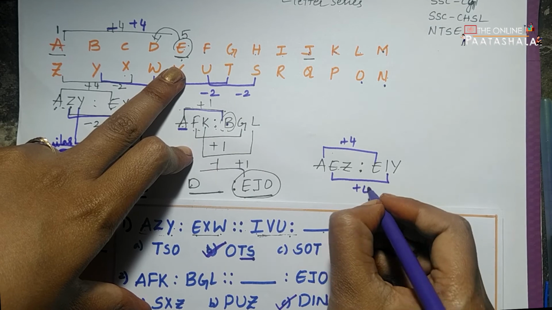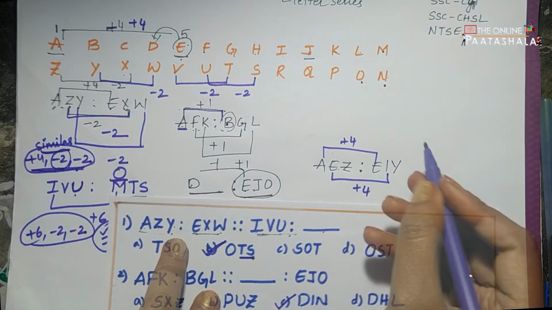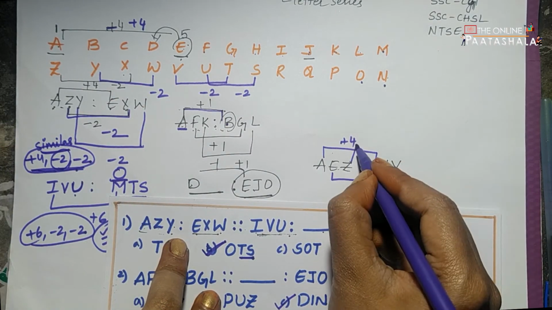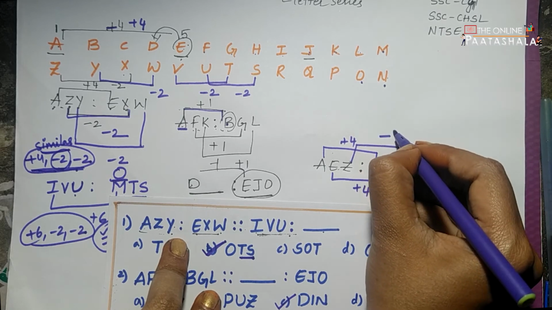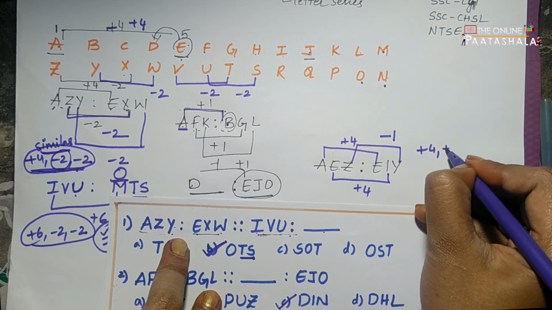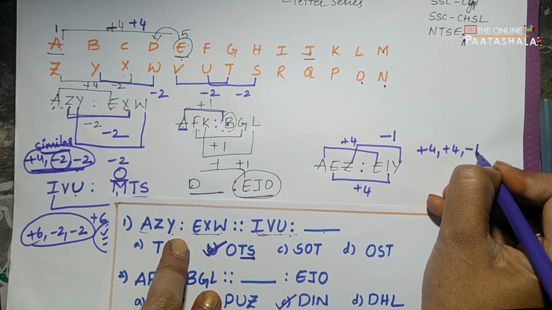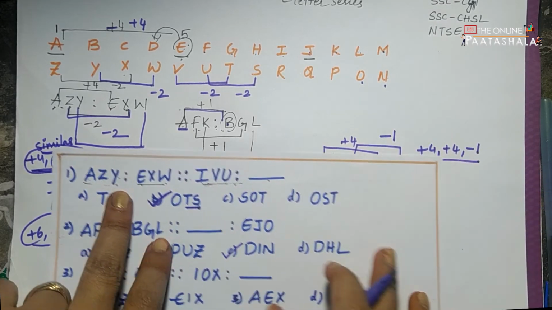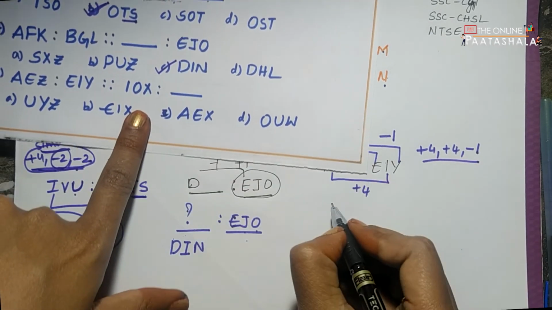Again you are adding 4. Again how E and Z you have got when you do minus 1. What is the series you have followed here? Plus 4, plus 4 and minus 1, right? Now what is the question given here?